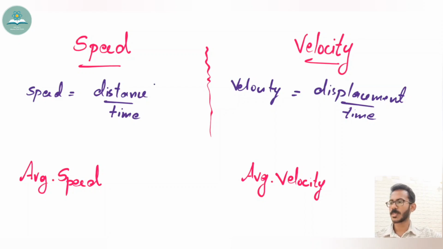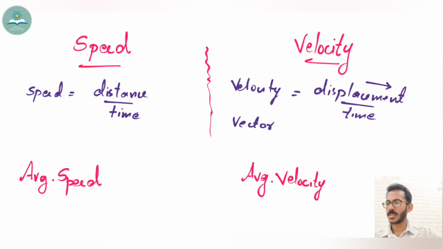Here we already know something, that distance is a scalar quantity which will not have direction, only magnitude. In the case of displacement, it has an exact direction. In the same way, velocity will also have a direction as well as magnitude. So velocity is a vector quantity.